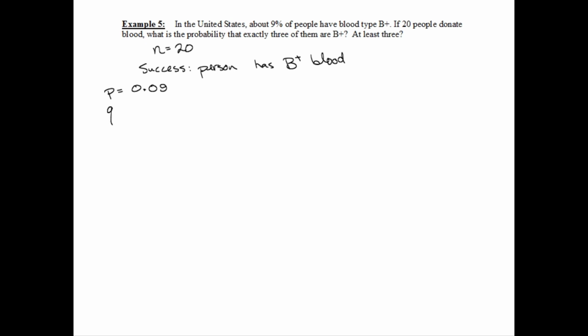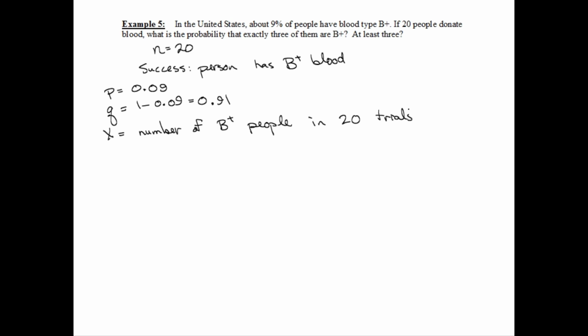Then what is the probability of failure? We simply subtract from 1, so that'll give me 0.91. And we'll let x represent the number of successes in 20 trials. In other words, the number of B positive people in our 20 trials.